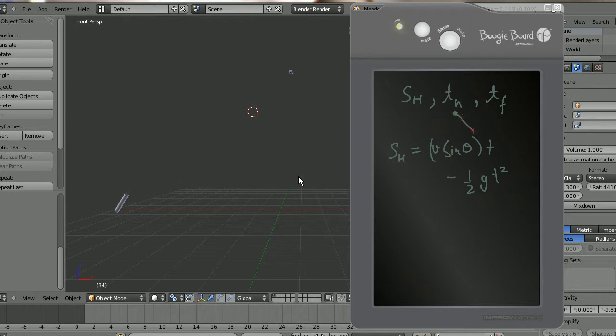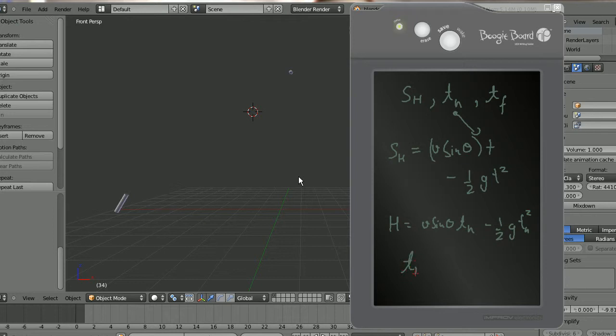If we plug in this time to reach the maximum height into this equation, we get maximum height is equal to v sine theta into the time it takes to reach its maximum height, minus half g times the time it takes to reach the maximum height squared.